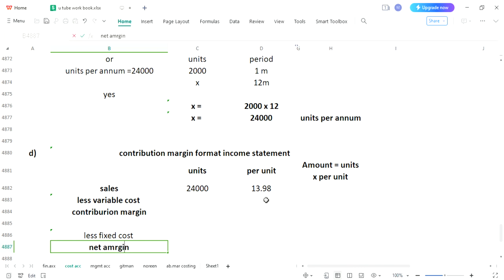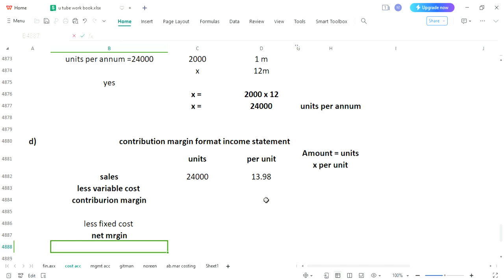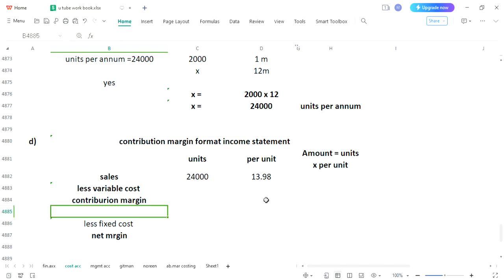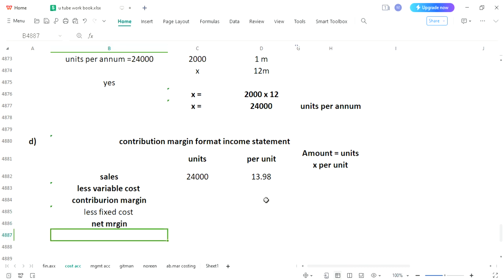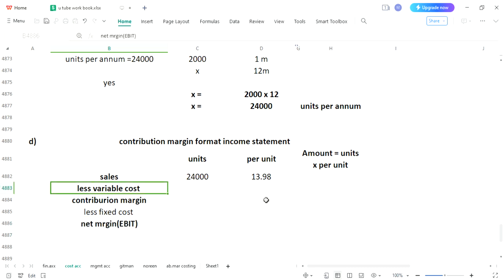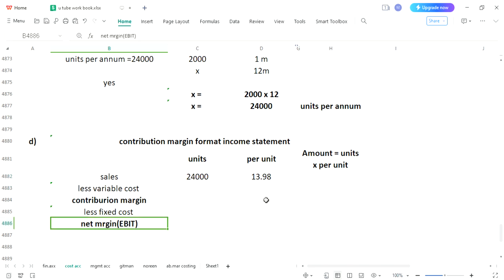This is called the contribution margin format income statement. With this you can calculate your net margin or earning before interest and tax. This net margin is also called earning before interest and tax, EBIT. Normally we don't use it. So in this way, the requirement of the question would be completed.